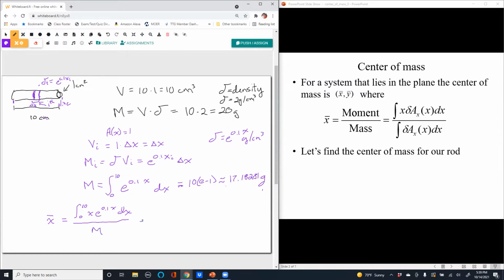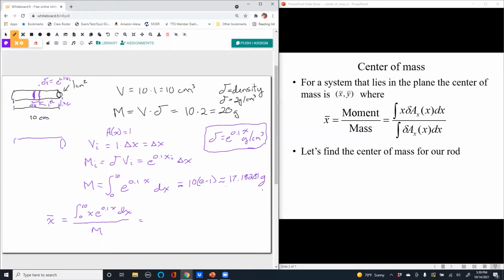Now, before we calculate this, let's do a little thought experiment. Let's figure out roughly where this center of mass should be. So we've got a density that is increasing. e^(0.1x) is an increasing function.